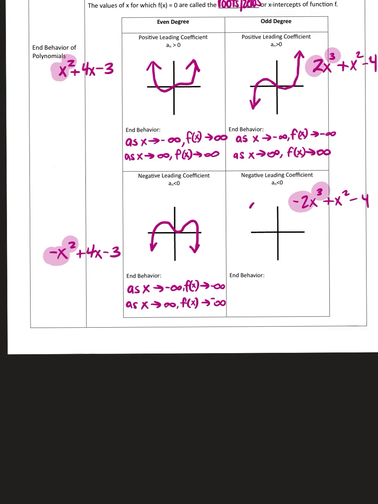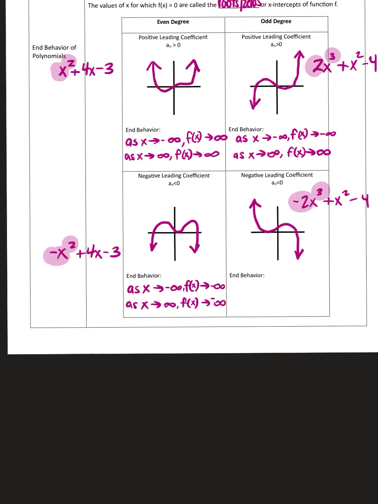And so this one will look something like this, where going towards the left, where x is negative, it goes up. Going where x is positive, it goes down.